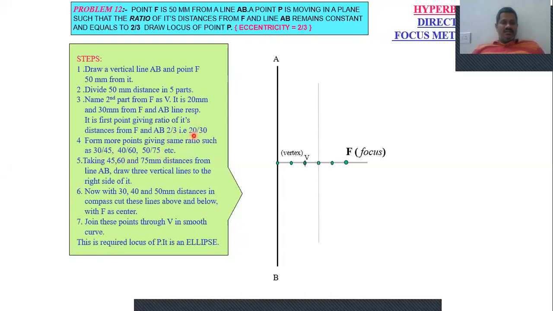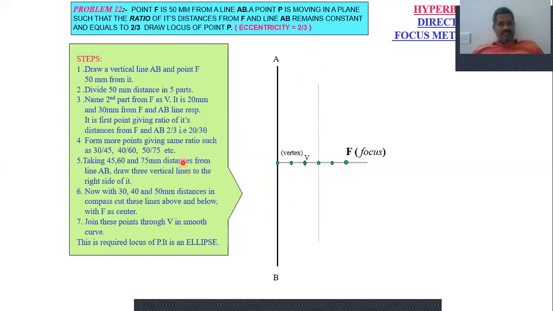This is our vertex point, at a distance of 20 from the directrix, and up to here it is 30. So now our vertical line is at 30 mm distance from the directrix.